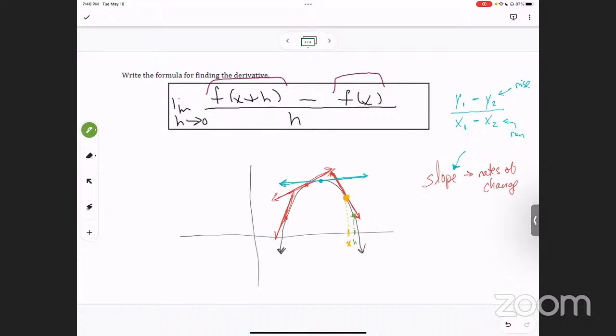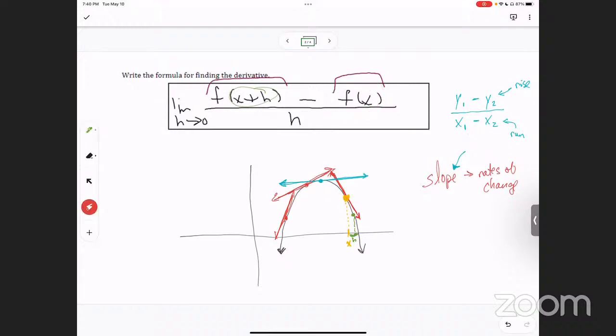Actually, hold up. I'm saying that wrong. The point isn't h. This distance is h. I'm having a distance of h right here. I'm adding that distance h to the x, and so I'm taking that y value, and I'm subtracting this value right here, the f of x.